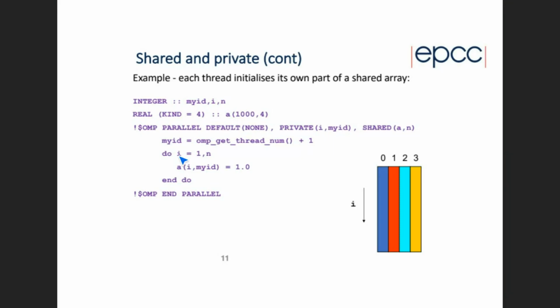In Fortran, loop iterators have a special status, and are always made private by default. So strictly speaking, I do not need to include i in the private clause here, because it's a loop iterator and will be privatized by default. But otherwise, everything's the same.